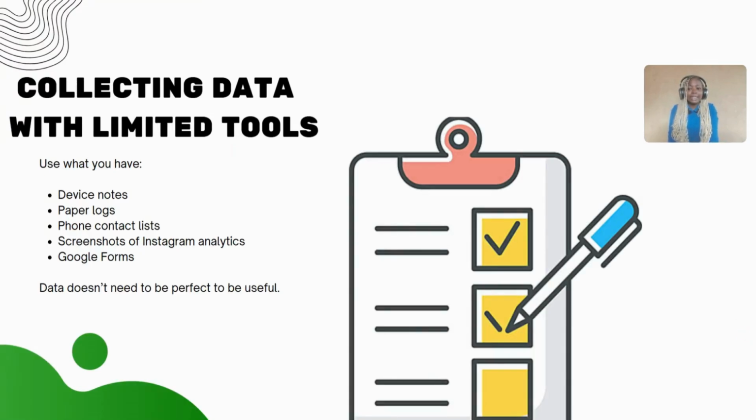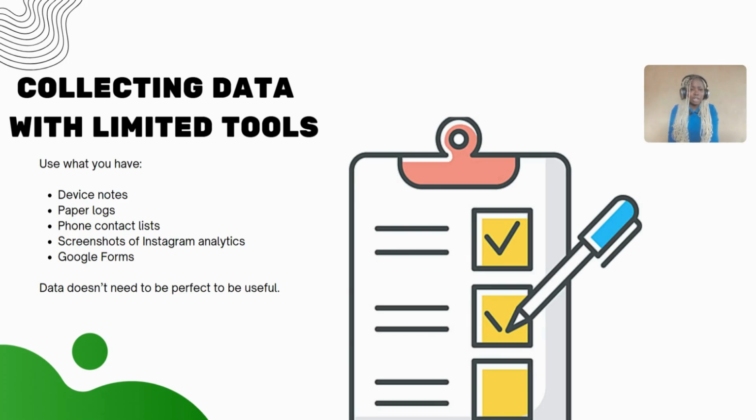Now, collecting data with limited tools, like we already said, the previous one was collecting without a website. So now, if you decide that you want to use tools, you can use, like I said, Google Forms, screenshots of your social media analytics. Those platforms now include analytics. I know about the LinkedIn analytics as well as the Instagram analytics as well as Facebook also.